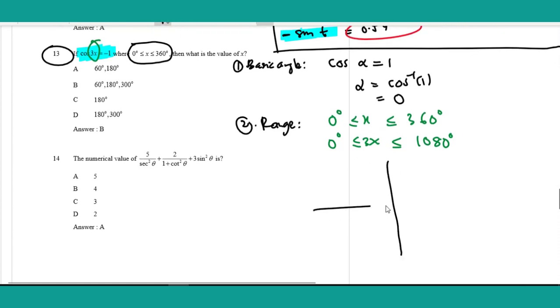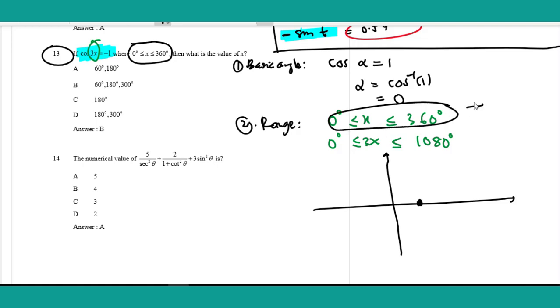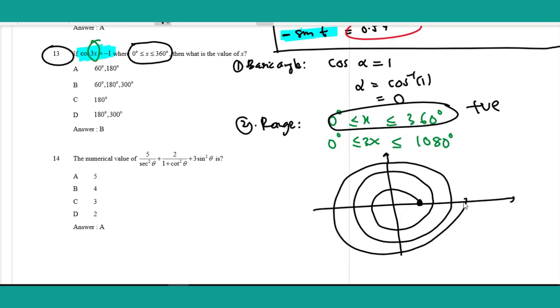Starting here, because this one is positive, we need to follow anticlockwise. Because of 3 times 360, you have 3 circles.